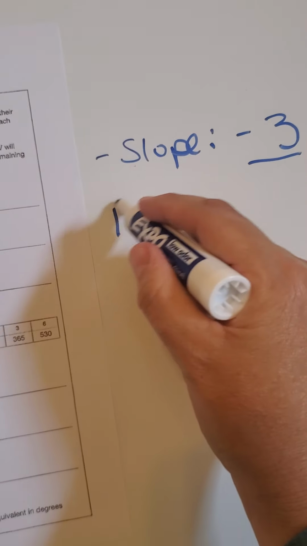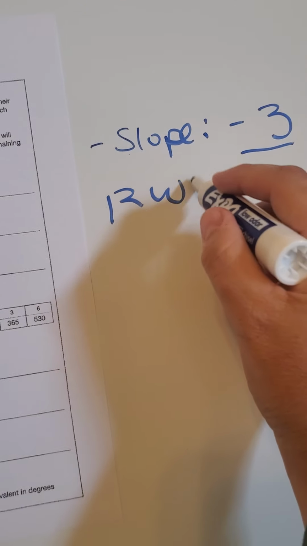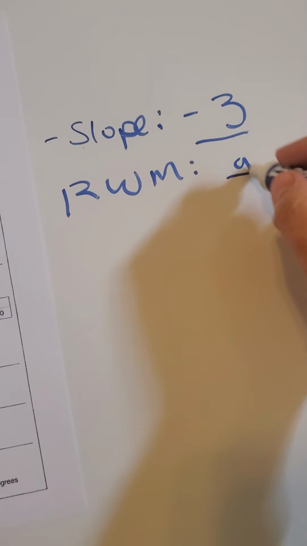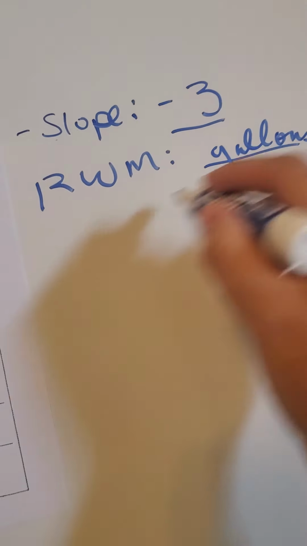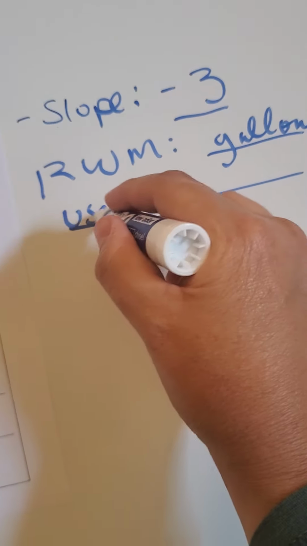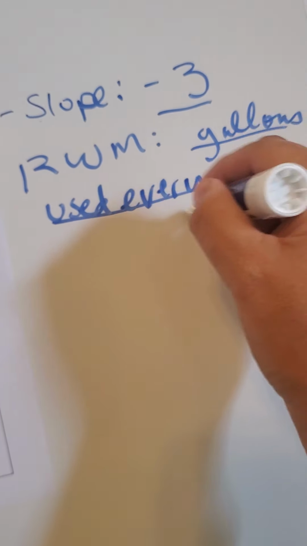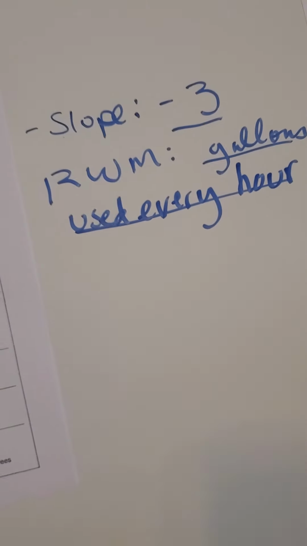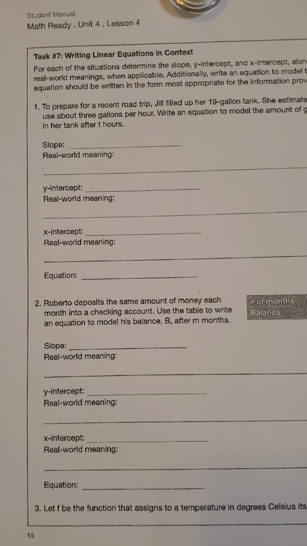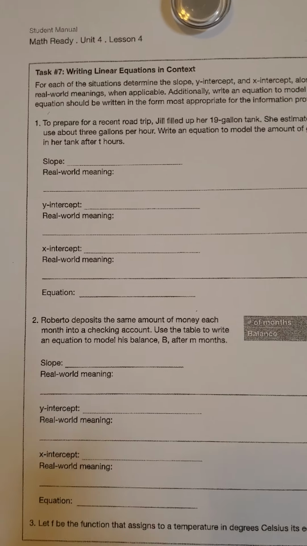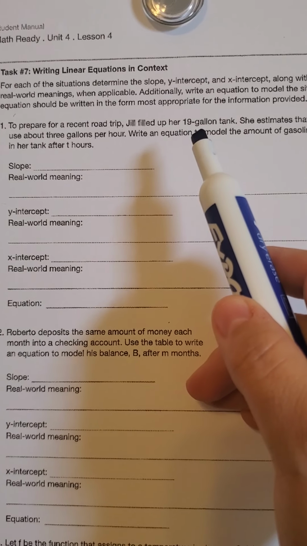All right, and then it says real world meaning, okay? That's just gallons used an hour, right? Every hour, okay? All right, then back over here. Our other number we have is 19-gallon tank.